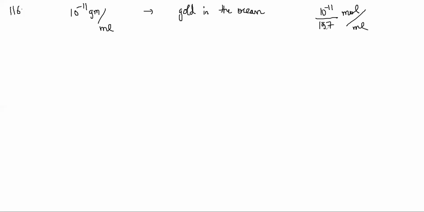The question is asking mole per liter, so multiply by 1000 to make it liter. So it becomes 10 power minus 8 by 197 mole per liter. That is part A. Part B is assuming that the volume of the oceans is this much. That is obvious. Why is this a problem?